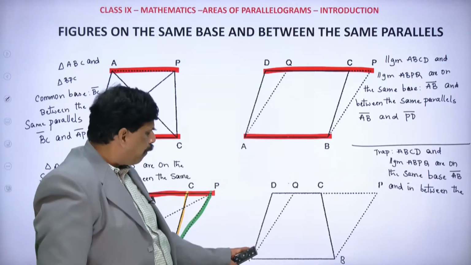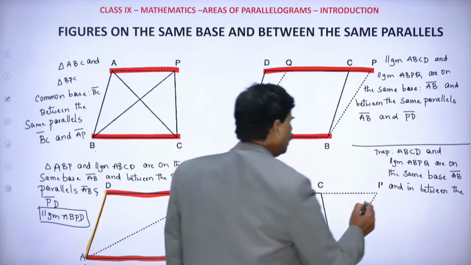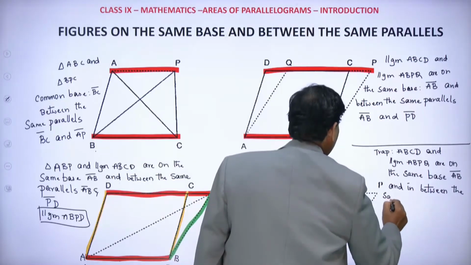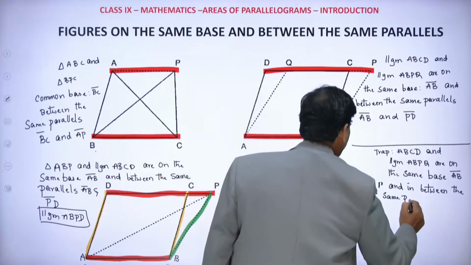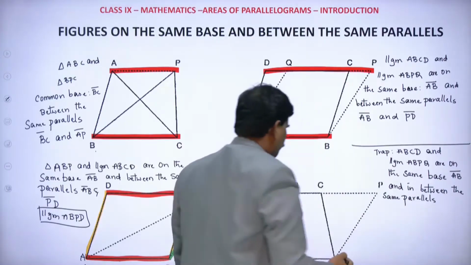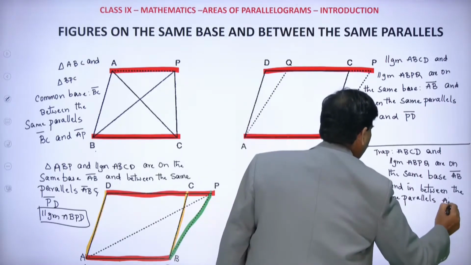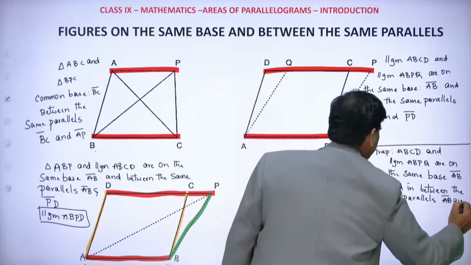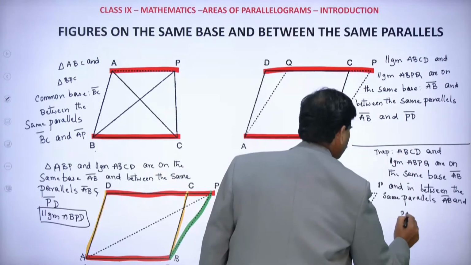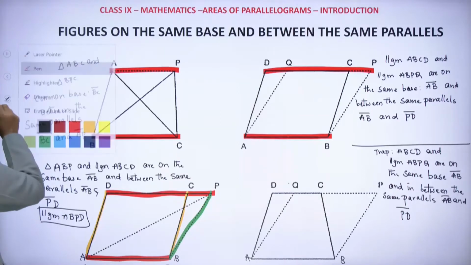Can you say what the parallels are here? AB and PD. So they are in between the same parallels, AB and PD. Clear?